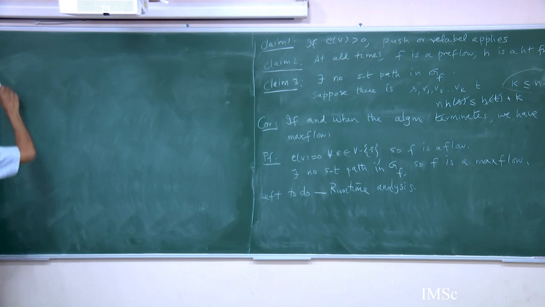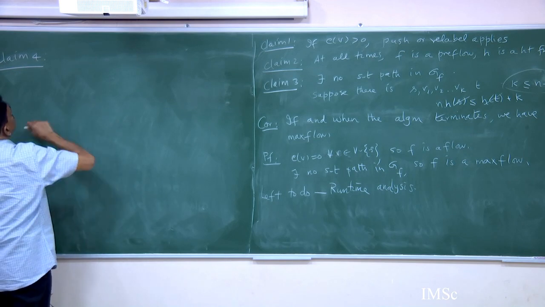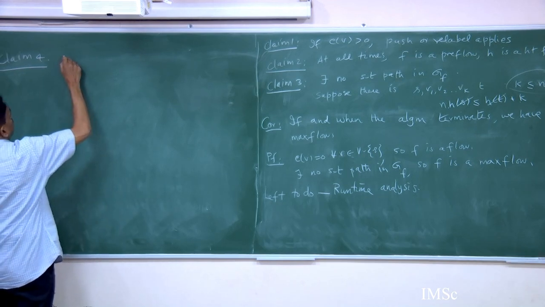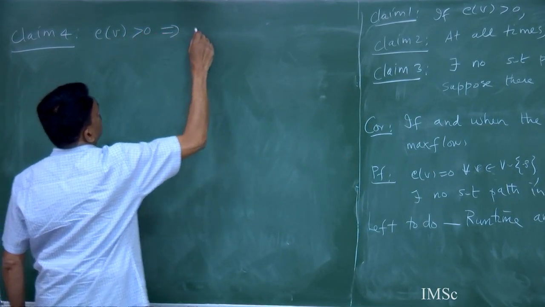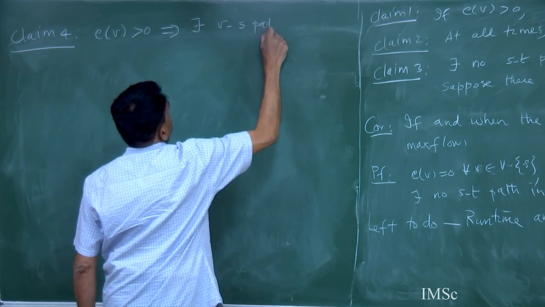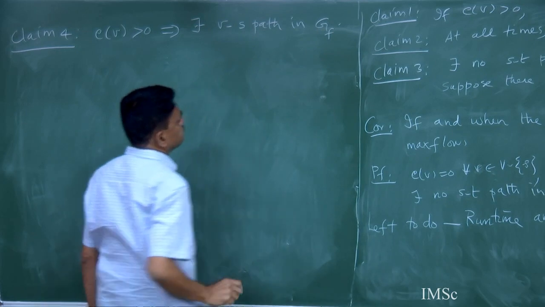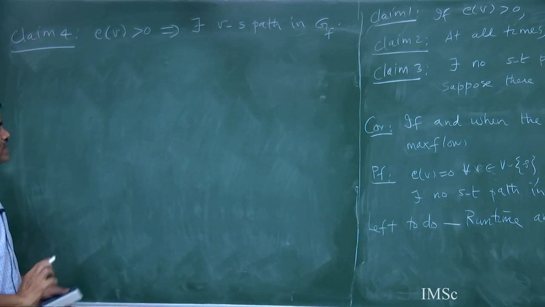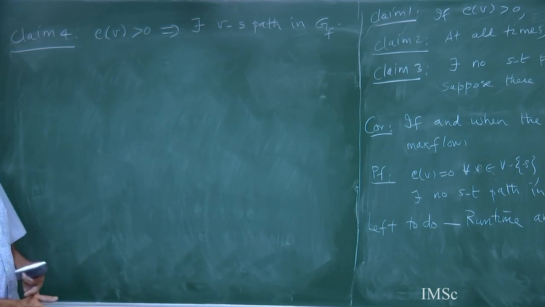Okay. Next claim. At any point, you have some pre-flow, and I have an excess at some vertex.